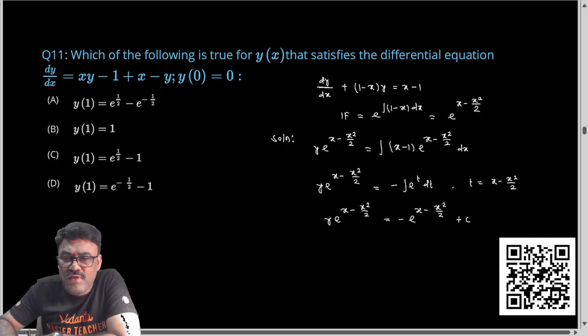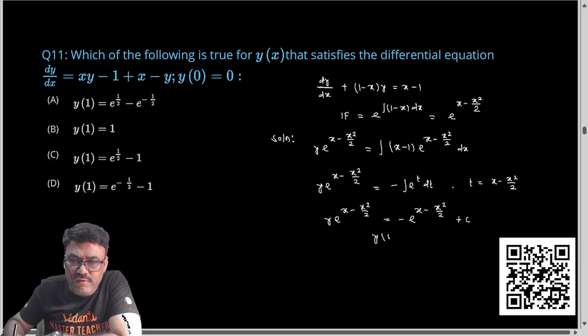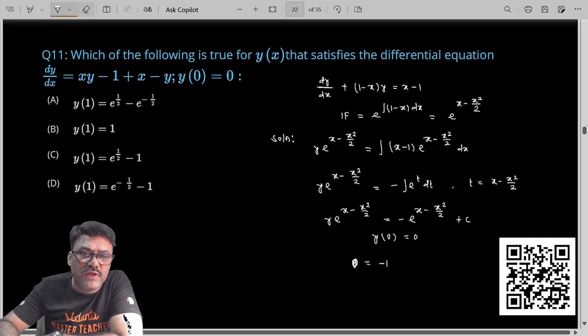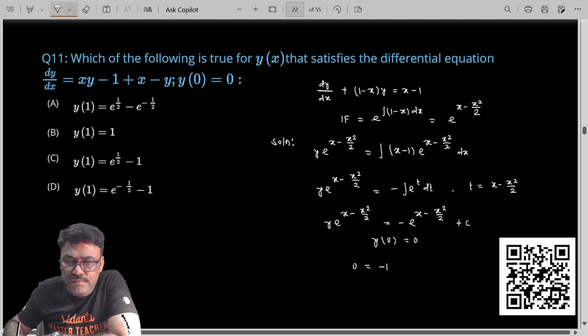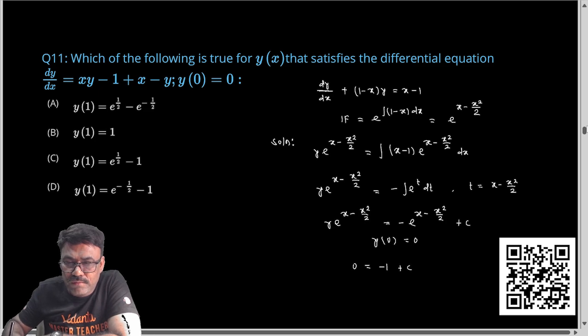Now let's find c. It is given that y(0) is 0. If you put x equals 0, y equals 0, then c is 1.